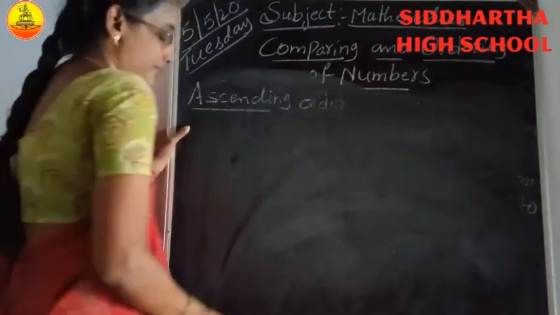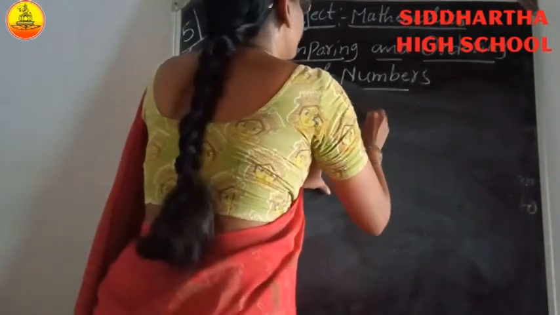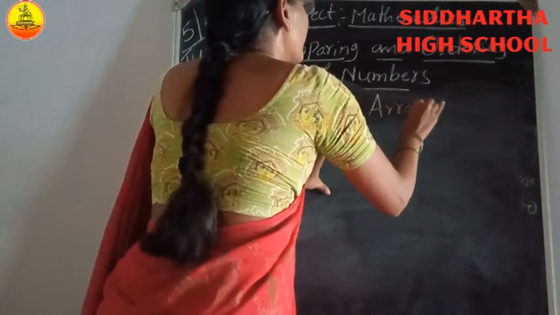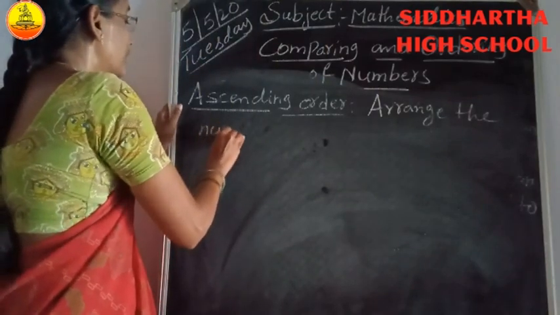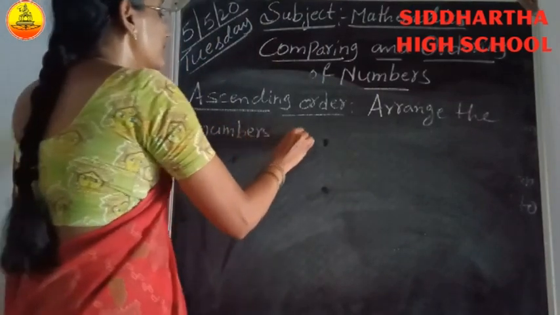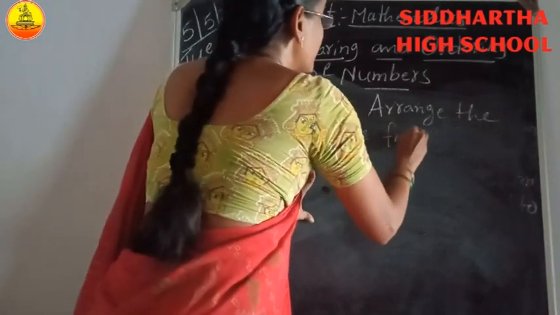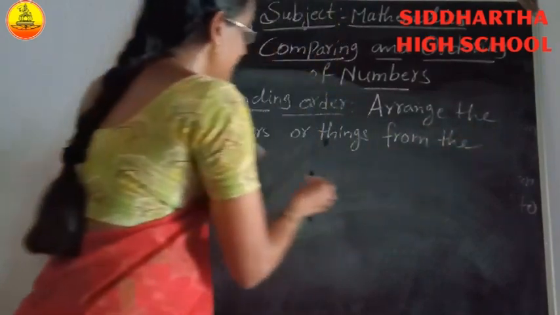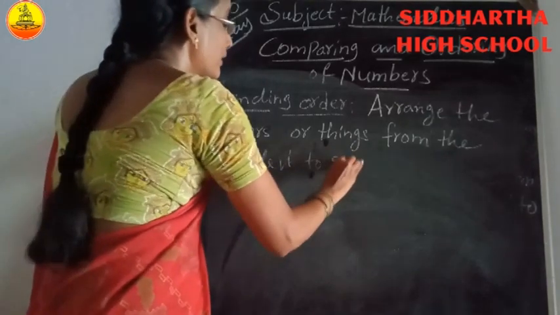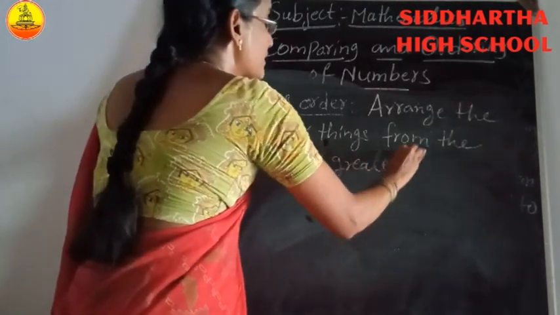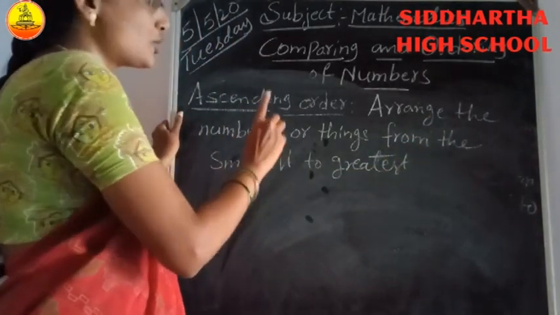Ascending order: arrange the numbers or things from the smallest to greatest.